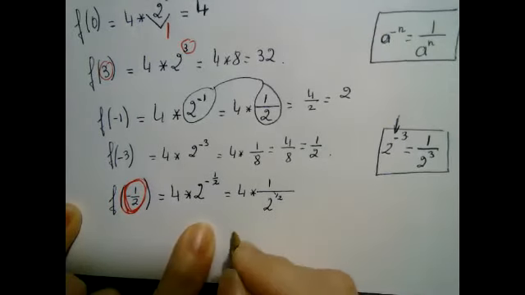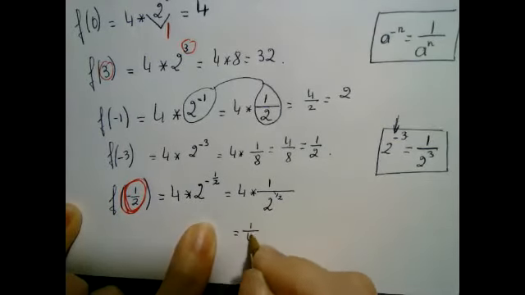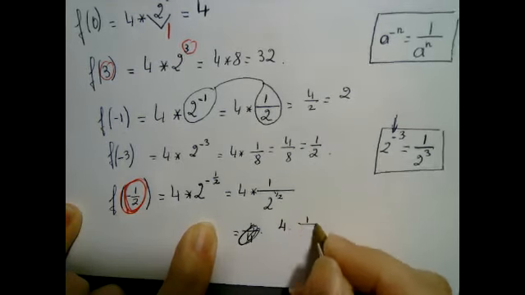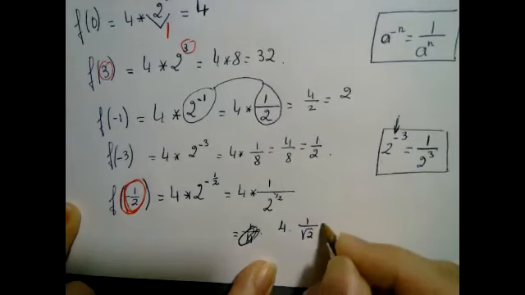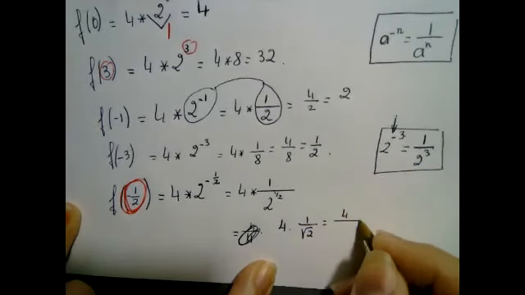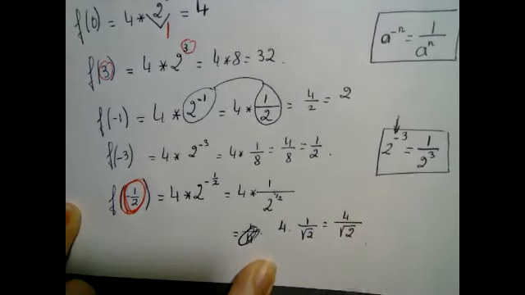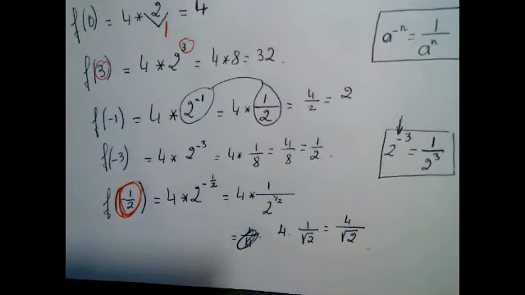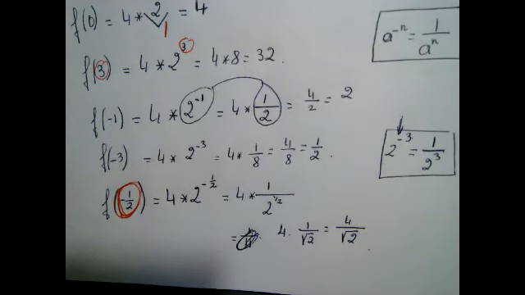Now 2 to the power a half is the square root of 2, so this is equal to 4 over the square root of 2. Okay, so that's how we find the value of this exponential function.